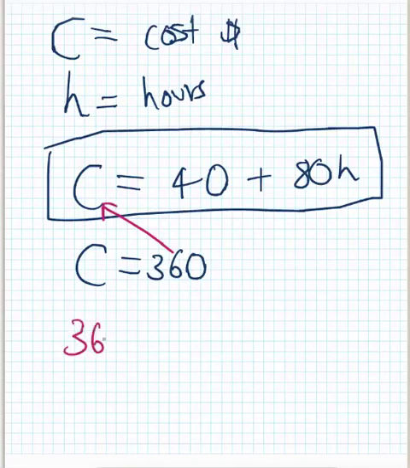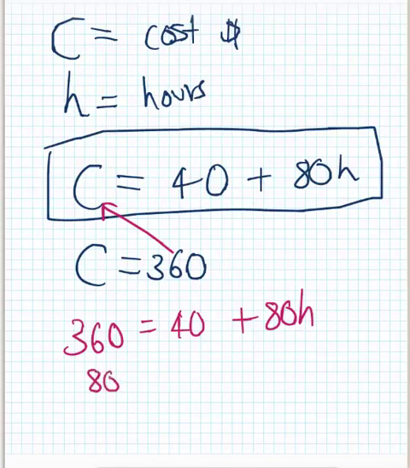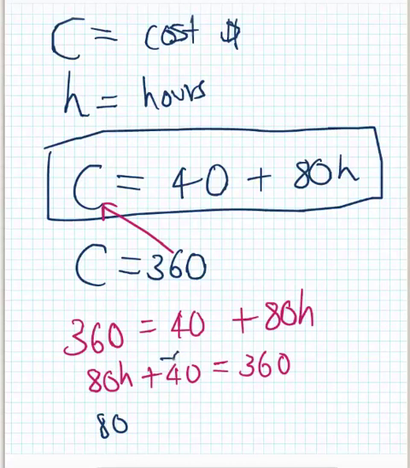So 360 equals 40 plus 80H. And you can solve this, rearrange it if you want to. So I'm going to have 80H on this side, plus 40 equals 360. I haven't changed anything, I just rewrote it. And now let's go. So 80H, we have to minus 40. So 80H is equal to 320.